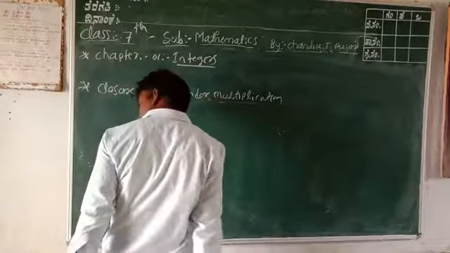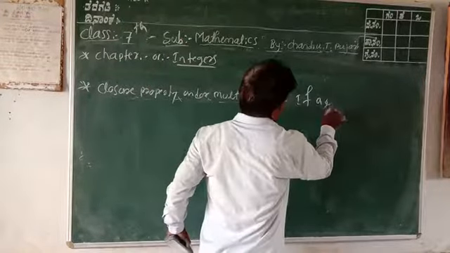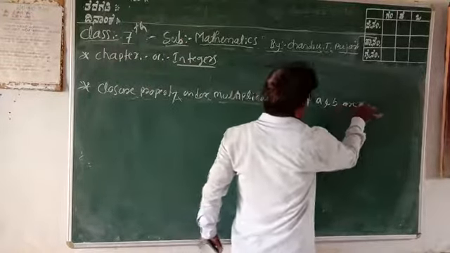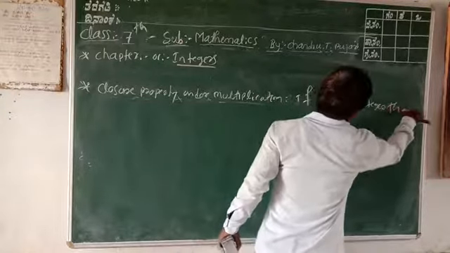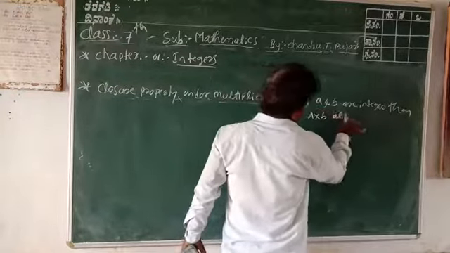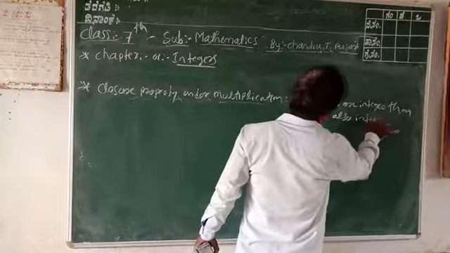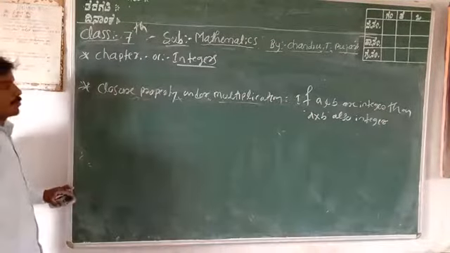Closure property under multiplication is: if A and B are integers, then A into B is also an integer.